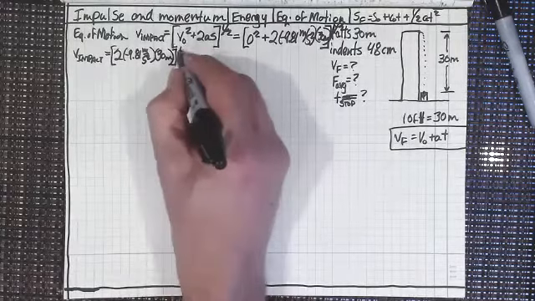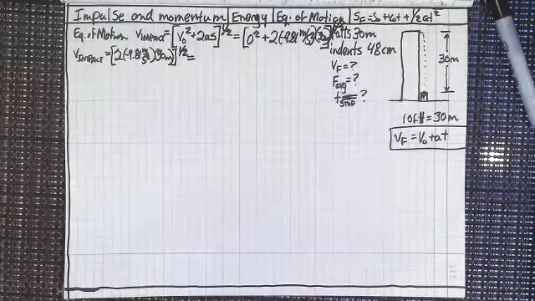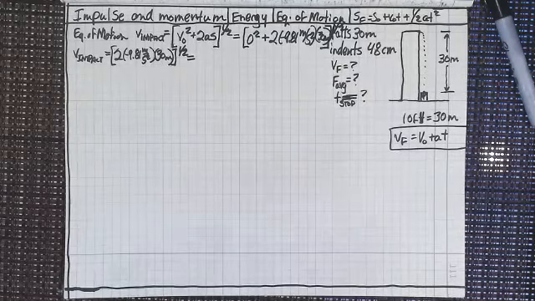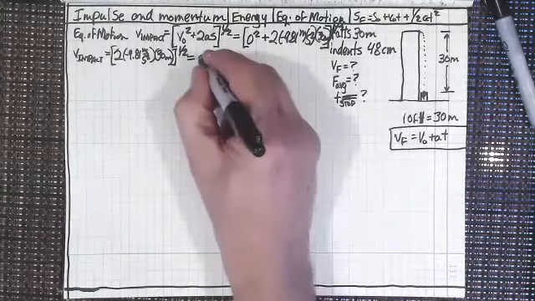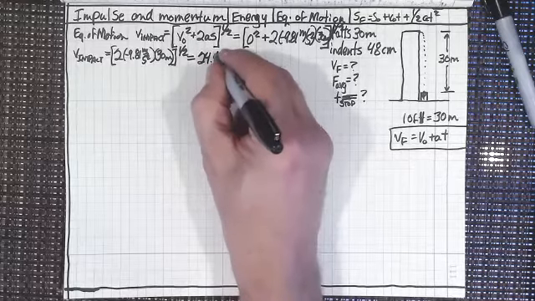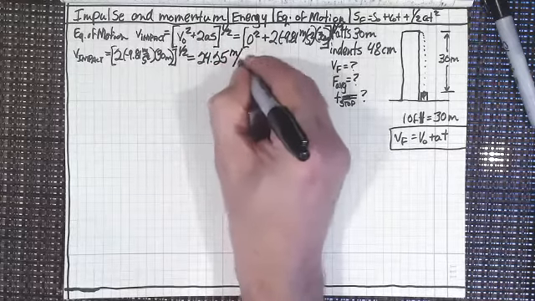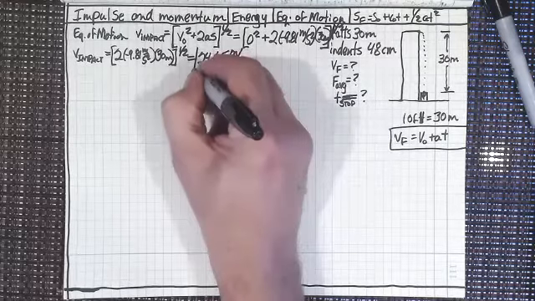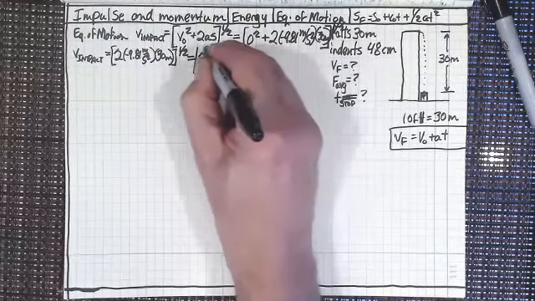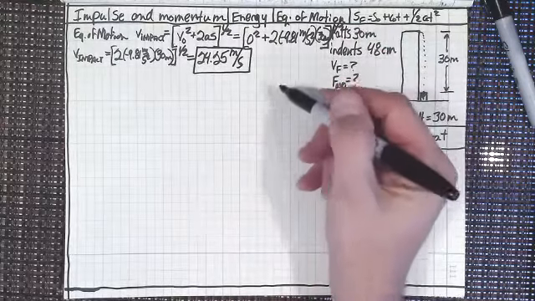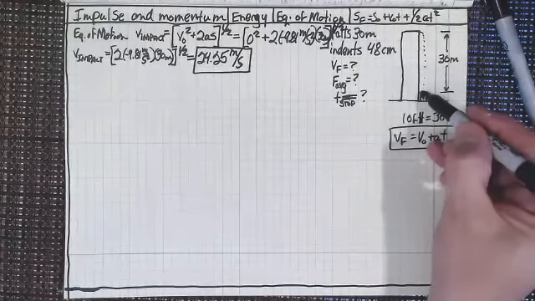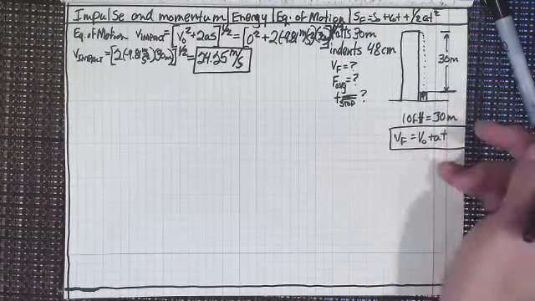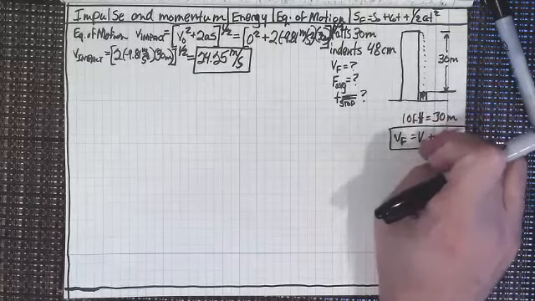The whole thing taken to the square root gives me my velocity at impact, which is 24.25 meters per second. So let's keep that. 24.25 meters per second is the velocity just as it hits the top of that air conditioner. It's going 24.25 meters per second.